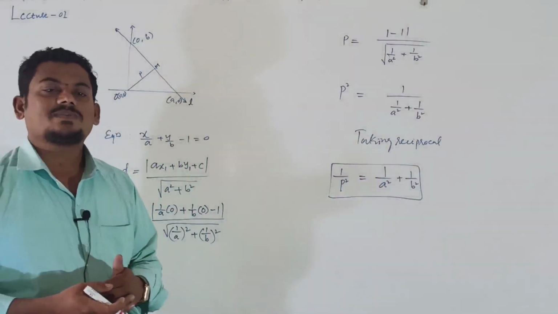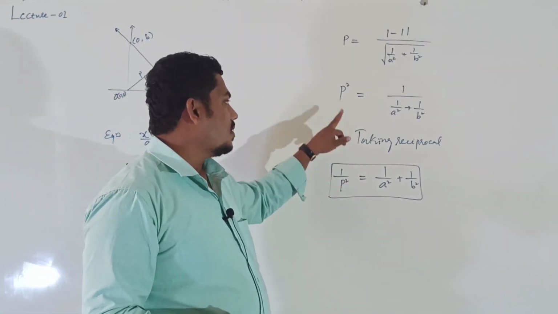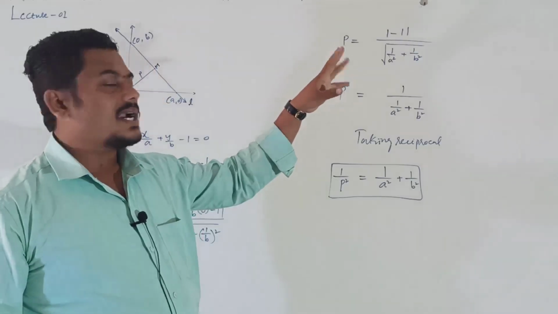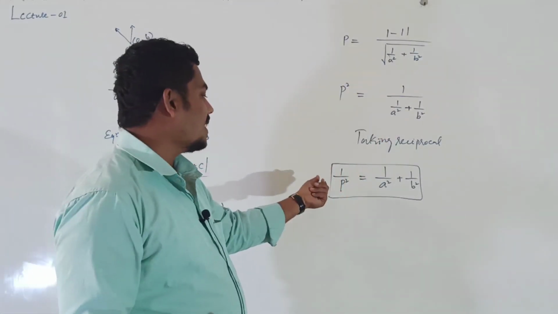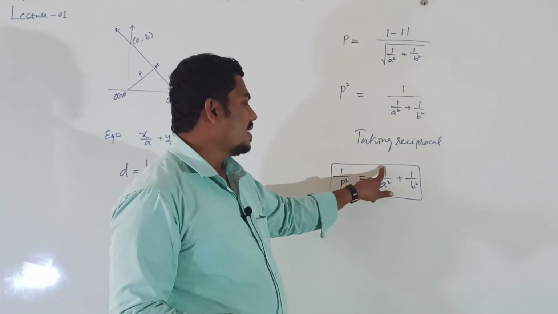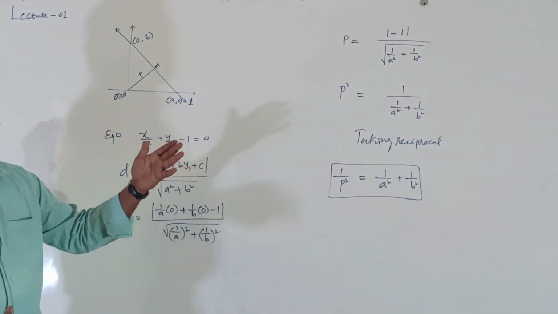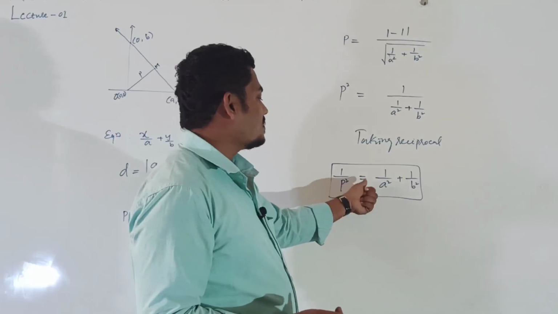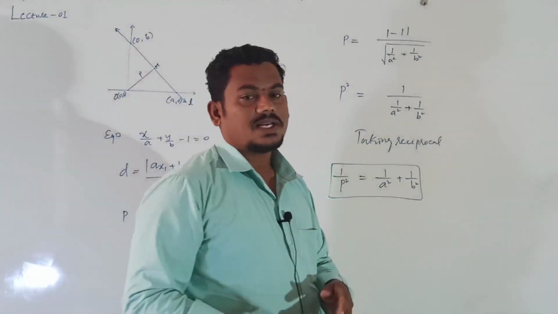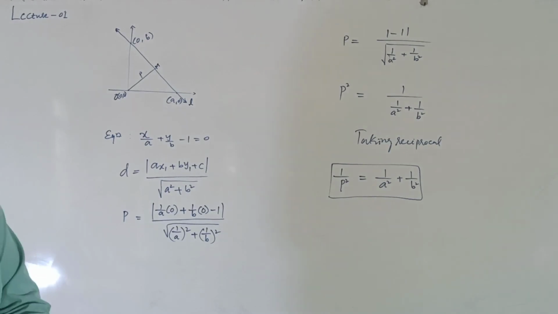Means the distance between origin and line is P equal to 1 divided by square root of 1 by A square plus 1 by B square; just squaring on both the sides and rearranging, you get the required answer. 1 by P square equal to 1 by A square plus 1 by B square, right? Next question.